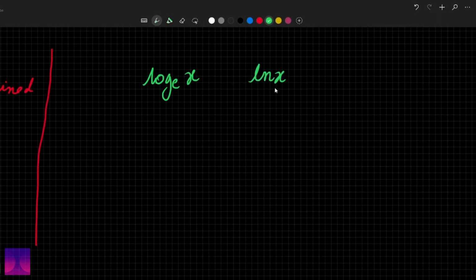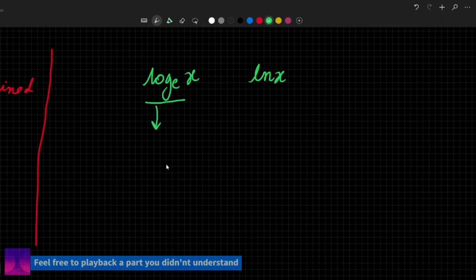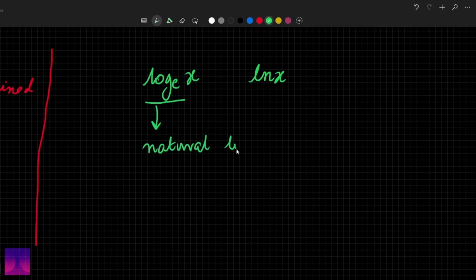What this basically means is the natural log of x. ln x and log e of x are both the same thing. So the natural log of x is denoted in this form. Okay, so it's pretty simple.